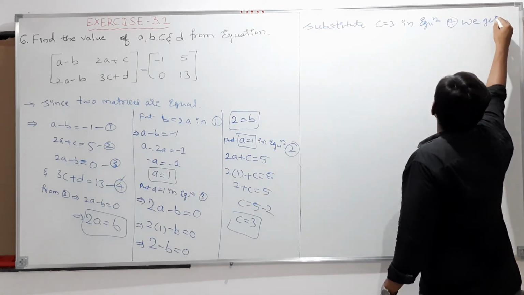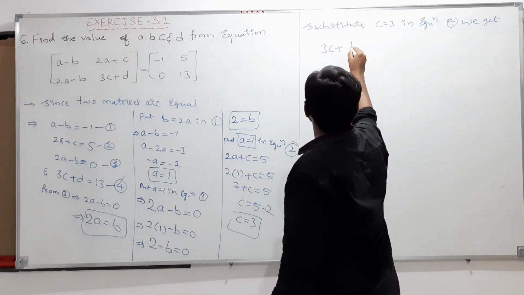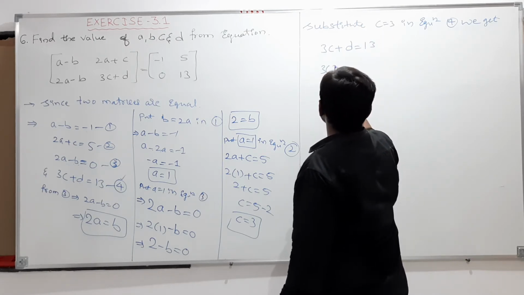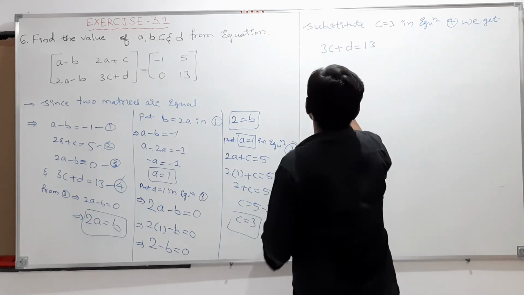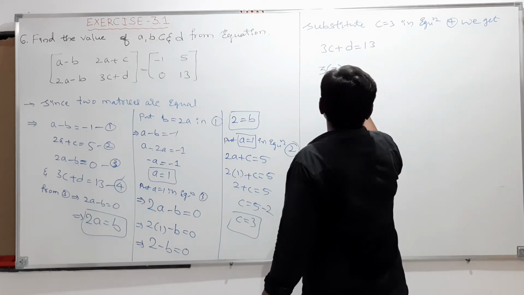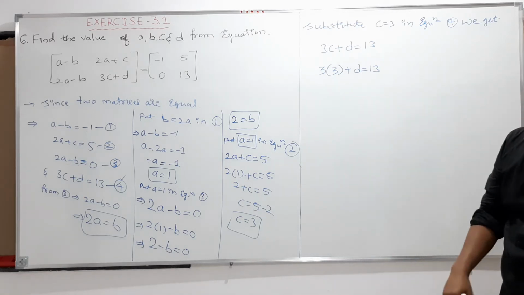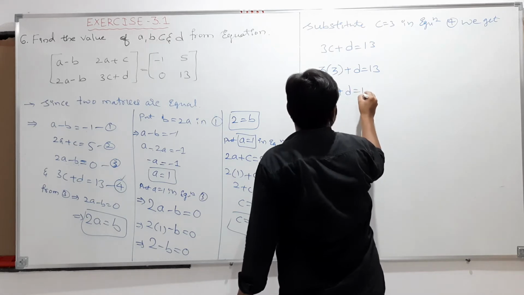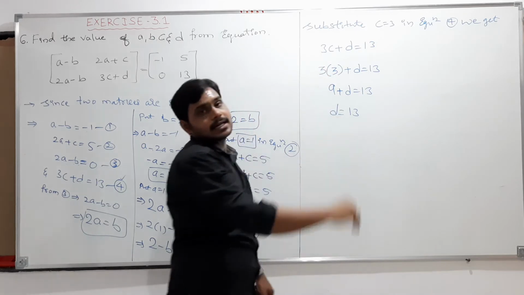What is equation 4? 3c plus d is equal to 13. So 3 into the c value, I am substituting the c value as 3, so 3 in the bracket plus d is equal to 13. 3 times 3 is 9, so 9 plus d is equal to 13, and d is equal to 13 minus 9 if I shift the 9 to that side.